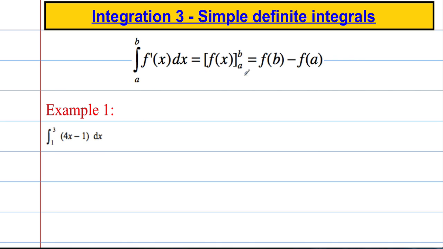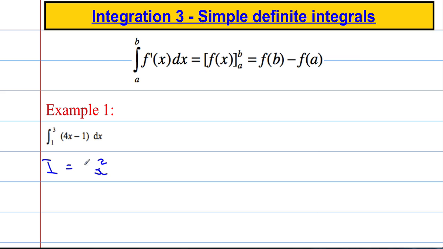So we're going to need this formula here and we're going to apply it to this example. So just like before, I'm going to evaluate the integral of 4x minus 1 with respect to x. So the integral I is going to equal, I'm going to increase the power by 1, which is going to give me an x squared and multiply by 1 over 2.